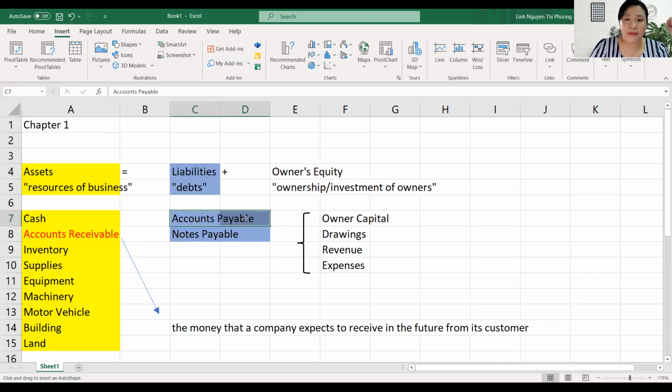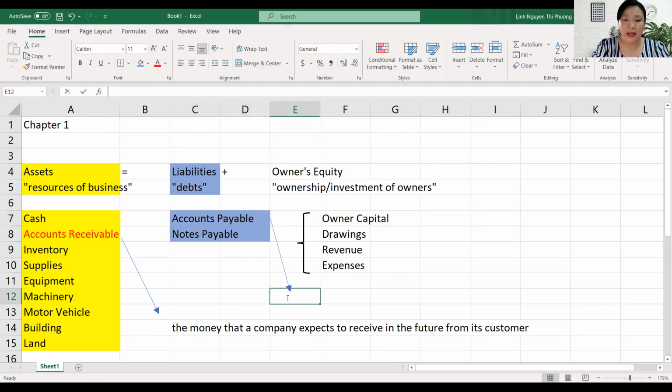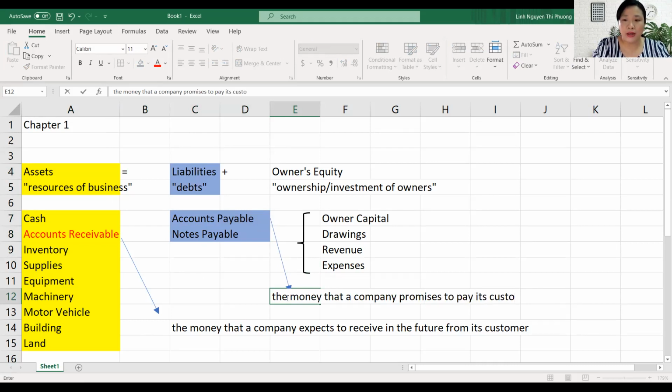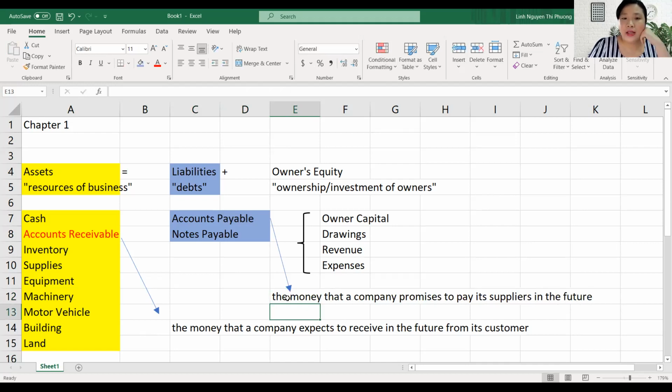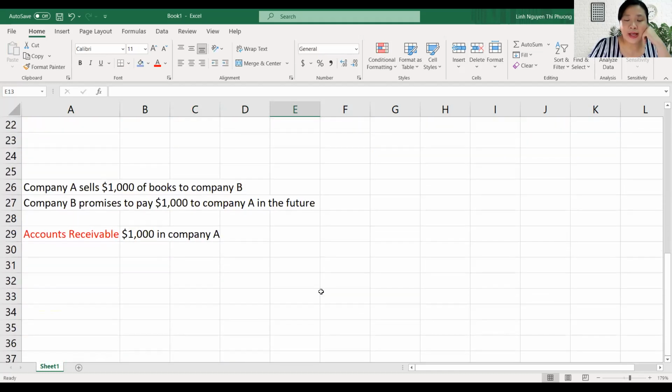Okay, again, one more time. Account payable means the money that a company promised to pay its supplier in the future. Okay, so for example, in this example, company B promised to pay company A $1,000 in the future.